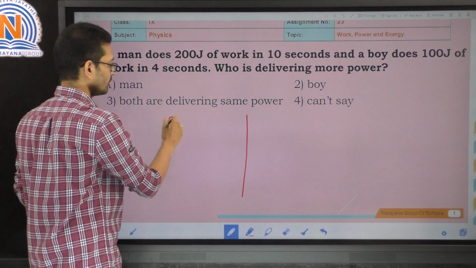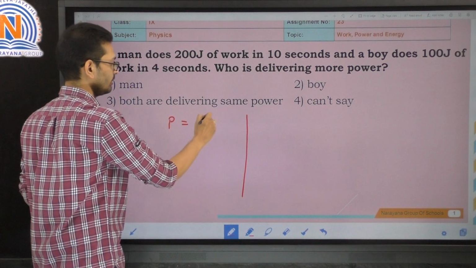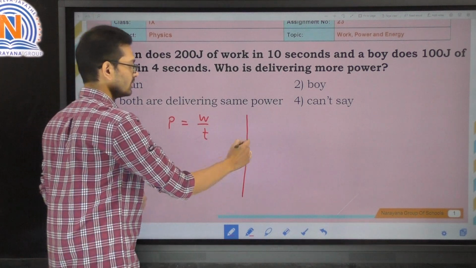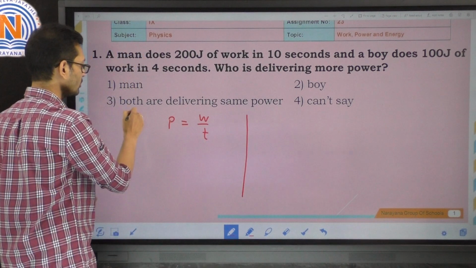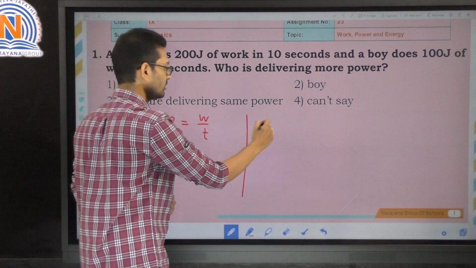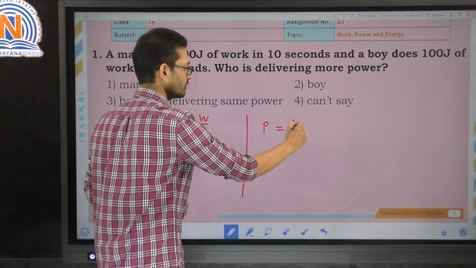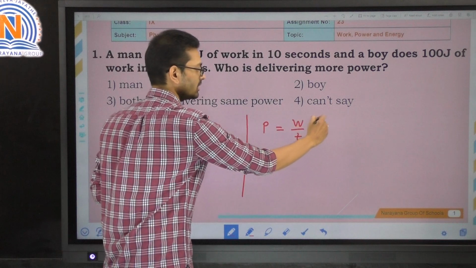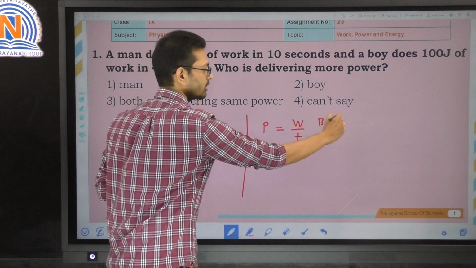Actually, the power formula is work done by time, and this in terms of man I am going to talk, and this power formula which I am going to use over here is also work done by time, and this in terms of boy I will be talking.